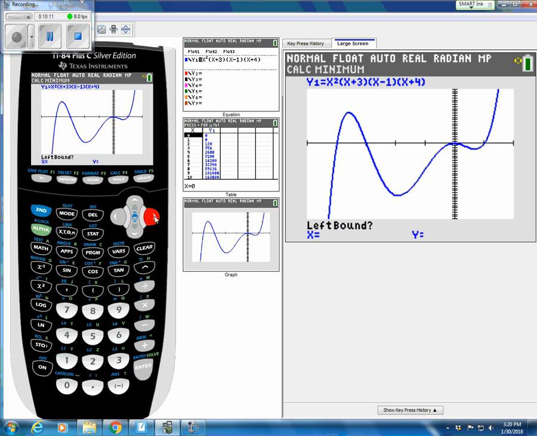That is a turn. It is a relative max, so we're going to skip that for the moment. Okay, so left of that turn in quadrant 4, right quadrant 4. Guess, we do enter. So we're going to record that minimum at 0.700, comma, negative 2.556.